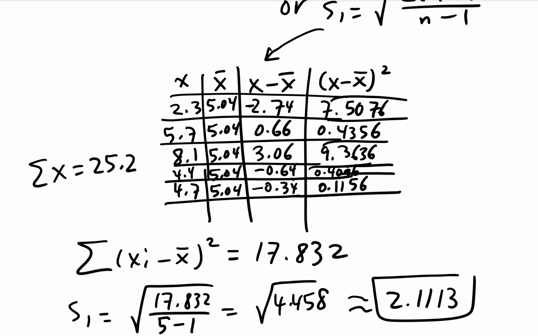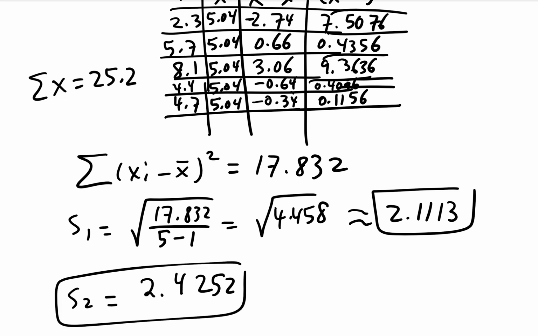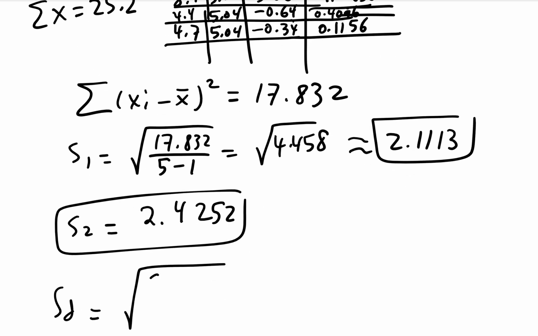Now, in a similar way, you can find S2. I just found it, it gives me 2.4252. That's S2. And now to find SD, again the formula is S1 squared over N1 plus S2 squared over N2.